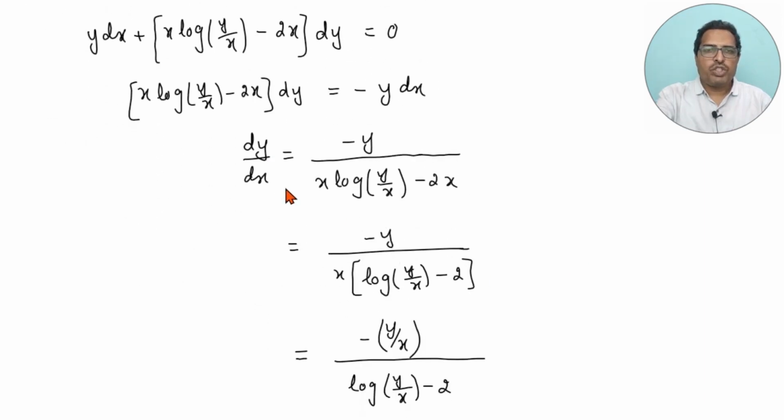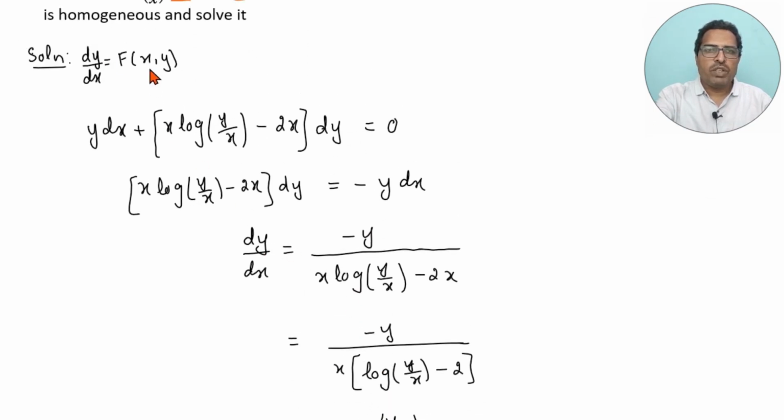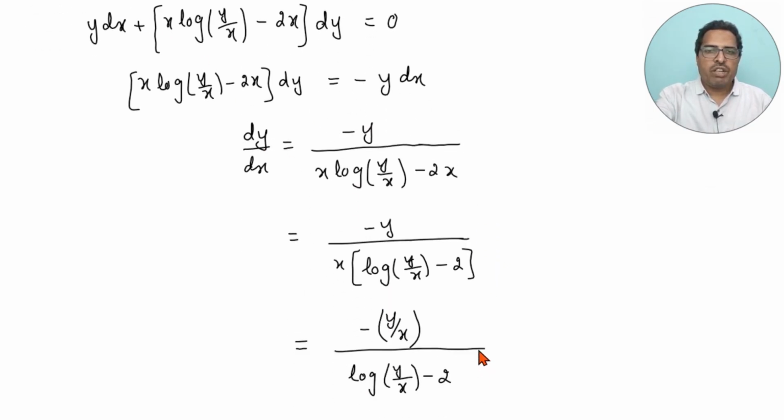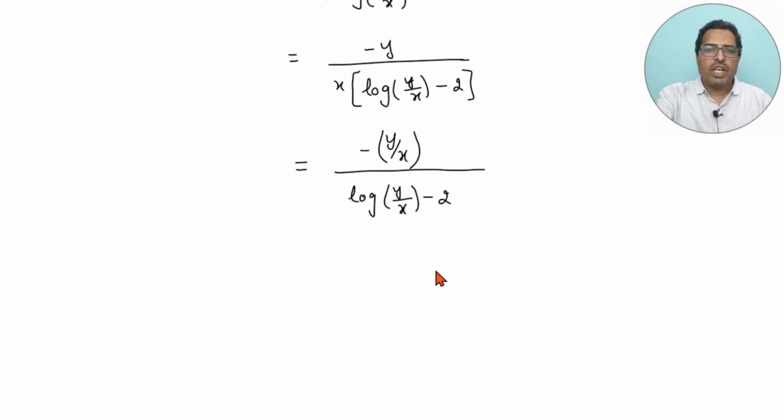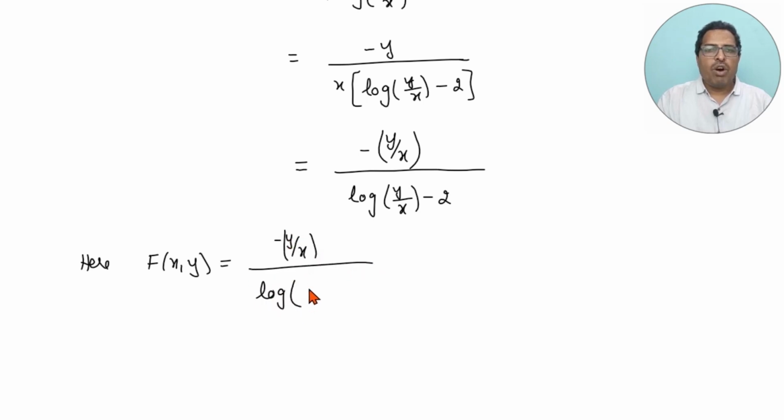So we have expressed dy by dx in the form of f of x comma y. So this right hand side value is nothing but f of x comma y. Here we have f of x comma y equal to minus y by x, whole divided by log of y by x minus 2.